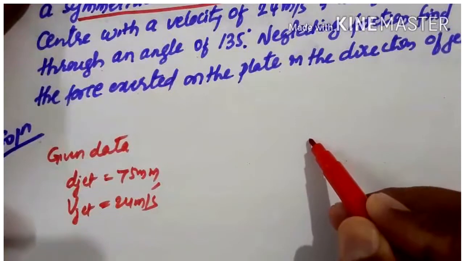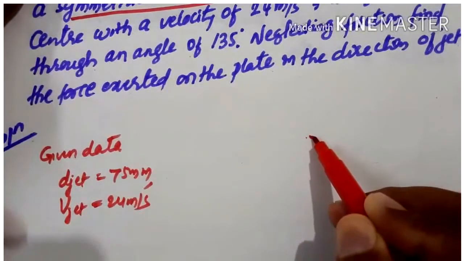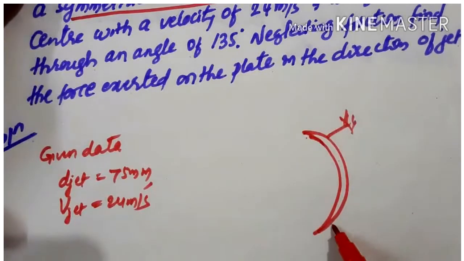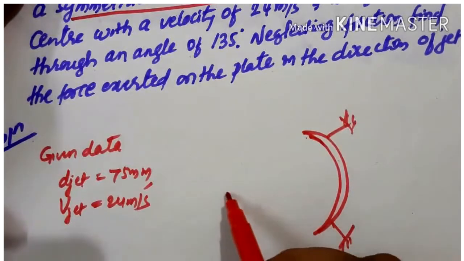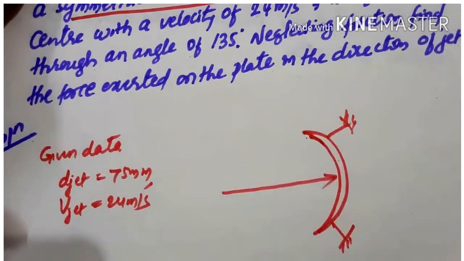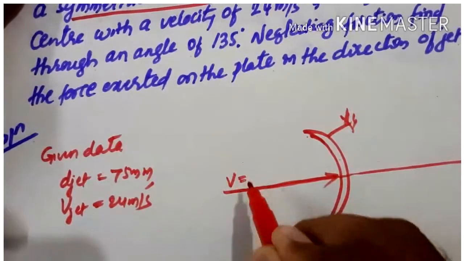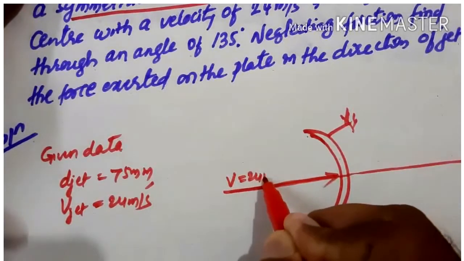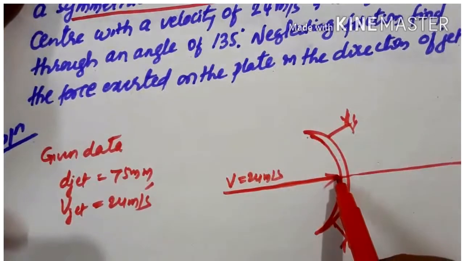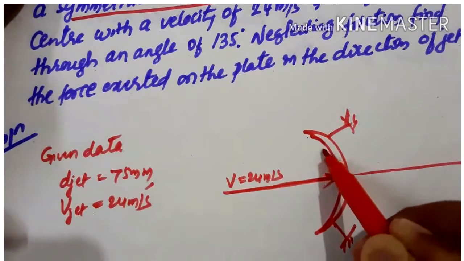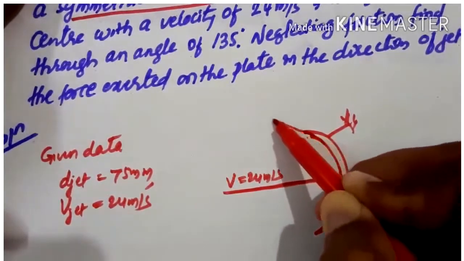So here the curved vane is stationary, fixed, and the jet is striking at the center. When the jet strikes with a velocity v, that is 24 meter per second, at the center, the water will glide over the surface and exit like this.